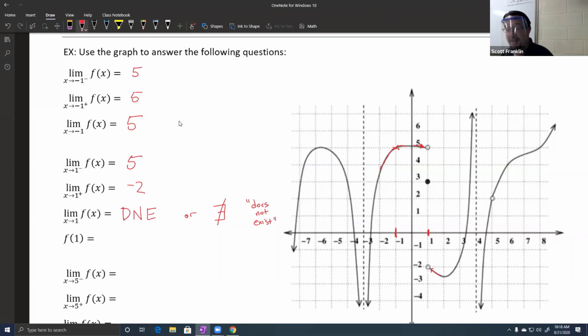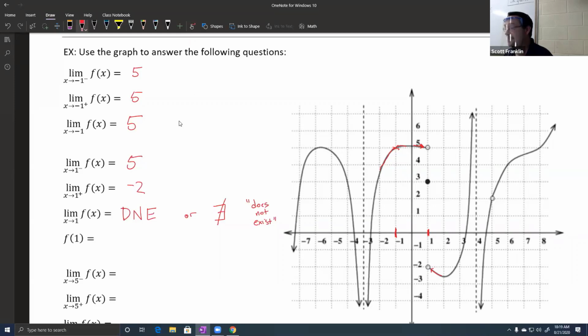I write this in here because some textbooks use that. Our online homework uses that. You can't type this into the online homework because that key is not on your keyboard. But you can type D and E. So whenever you have a problem on the homework where it's not a value and it doesn't exist, D and E. Now, what is the actual function value at 1? What's the output to x equals 1?